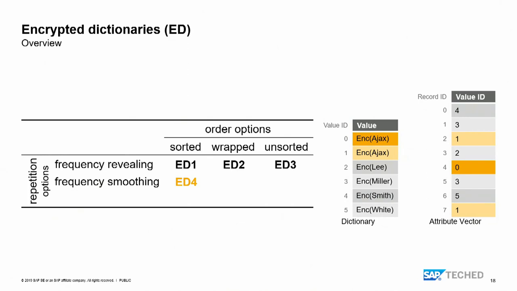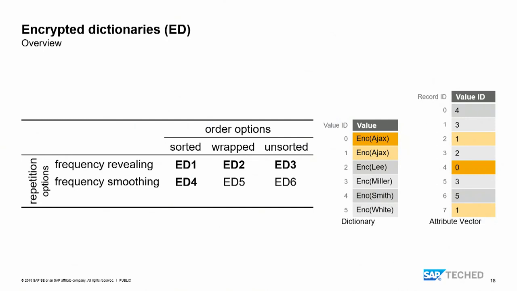This means the ciphertexts are different even if the underlying plain texts are equal. So an attacker looks at the dictionary, he sees 2 encrypted values, and he has no idea that the underlying plain text values are equal. But look at the attribute vector now. We have 2 1s and 1 0. So we smooth the frequency. That's why the name.